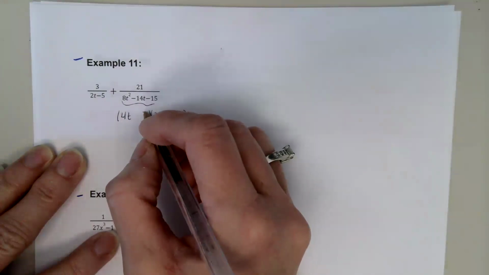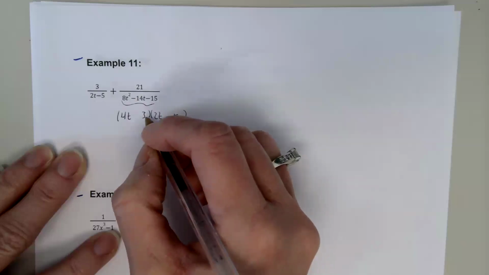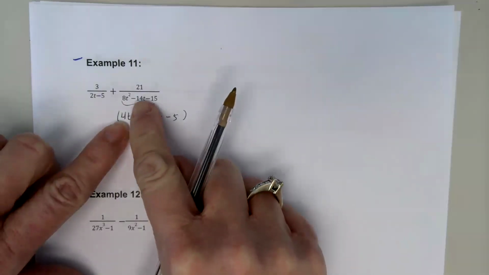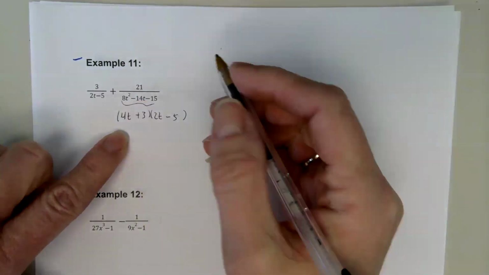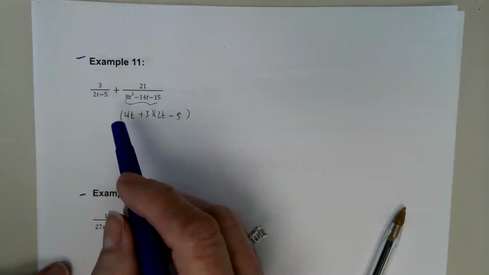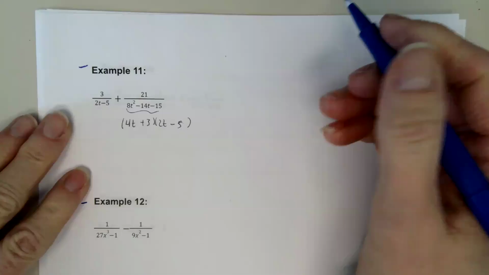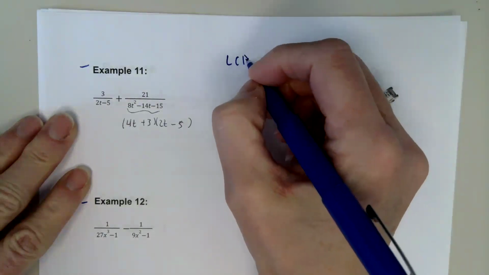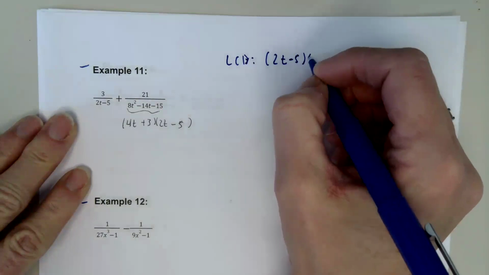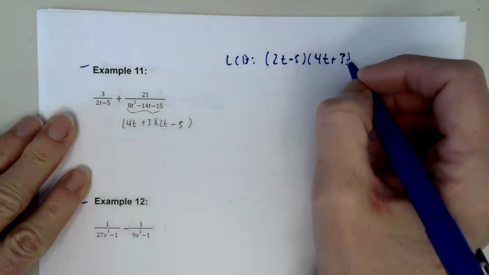Okay, so if I do 3 and 5, I need the bigger one to be negative. So a negative 20 plus 6 is a negative 14. So that works. Well, that was a tough one. Okay, so they both have a 2t minus 5. So my LCD is going to be 2t minus 5 and 4t plus 3.